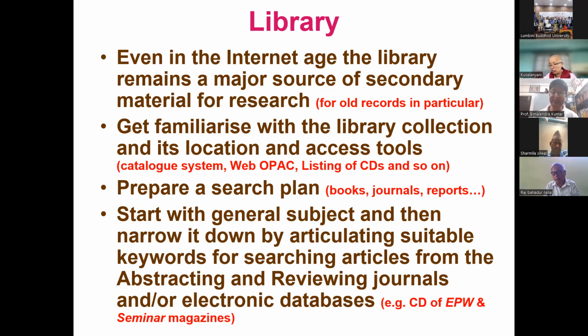There is a vast literature, so we have to make it specific, narrowing the title of the research. Narrowing means making the nucleus of your research. It should not be wide. It should be specific, very pinpointed, and then you can search for the literature also.